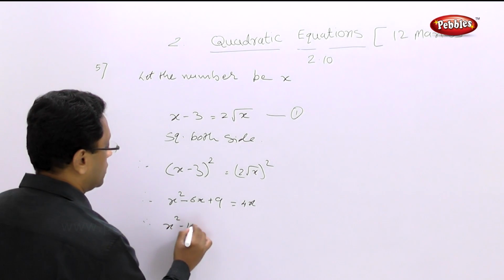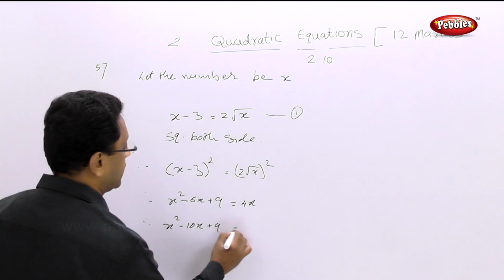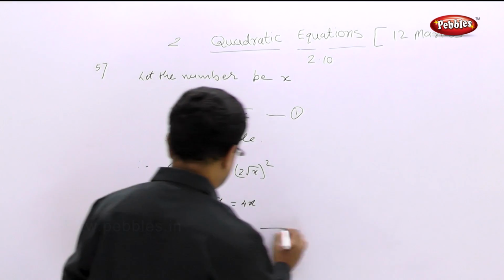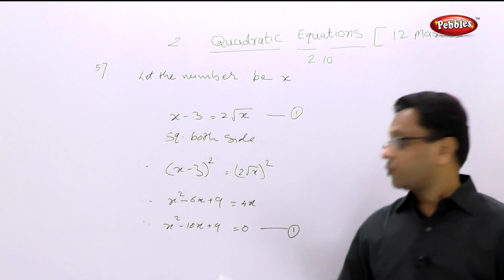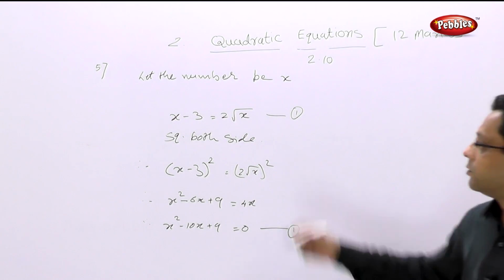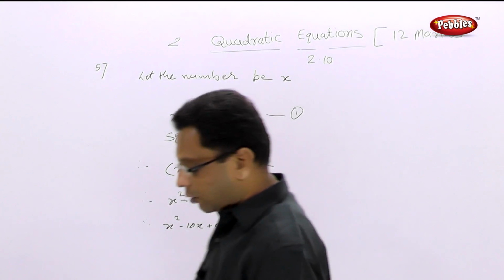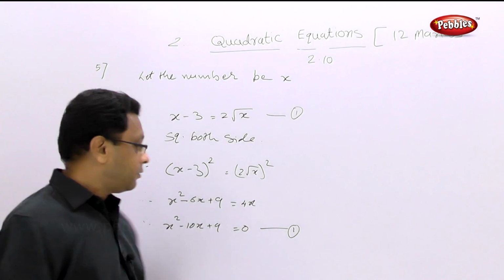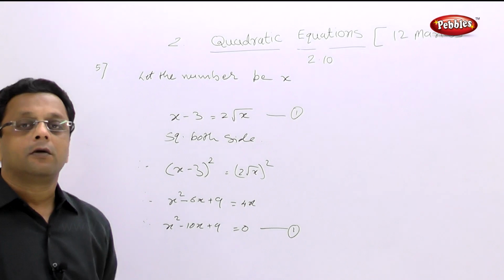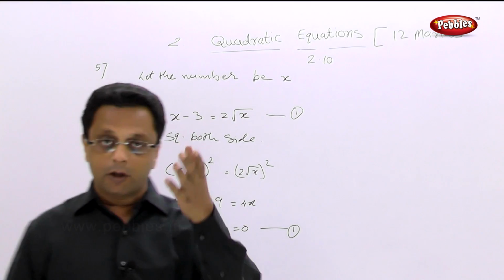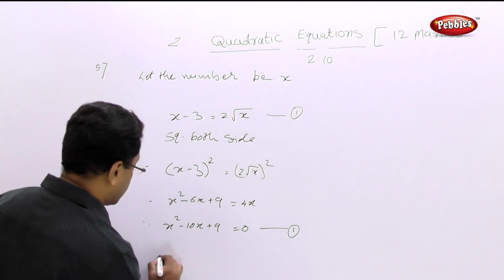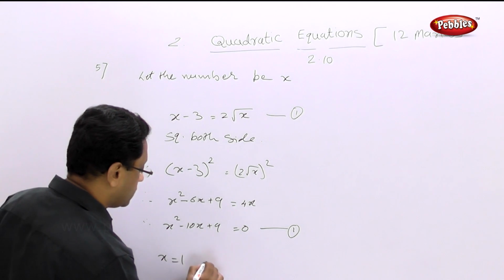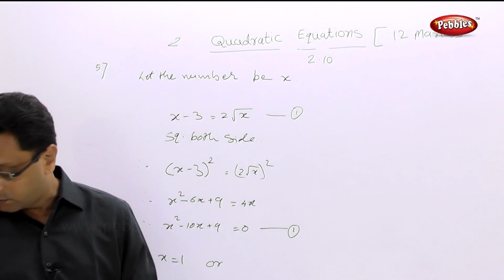That is x square minus 10x plus 9 equal to 0. This is the second equation we got. If you solve this quadratic equation, you will get the value of x. Now pause your video here and solve this quadratic equation to find out the value of x. Pause your video now. The value of x we get is 1 or 9.